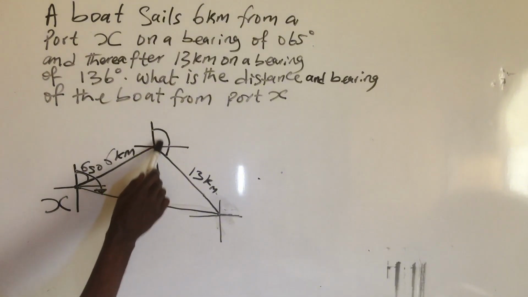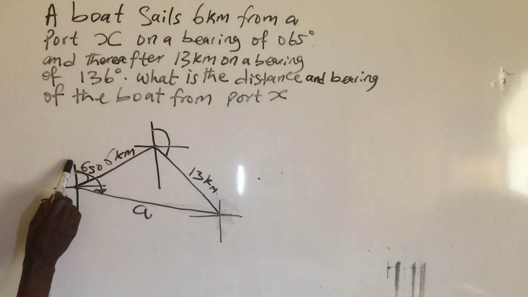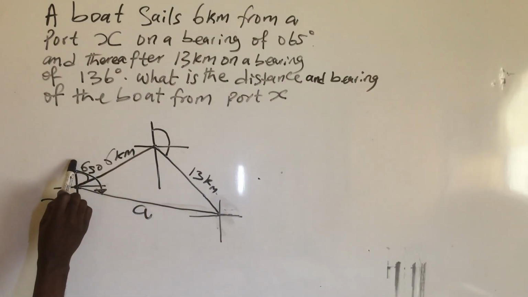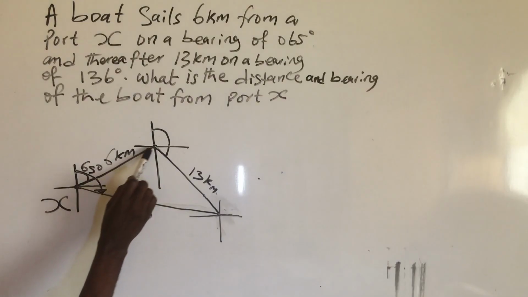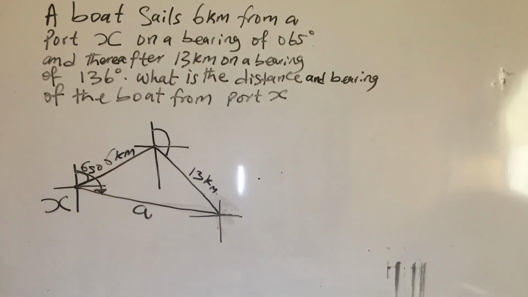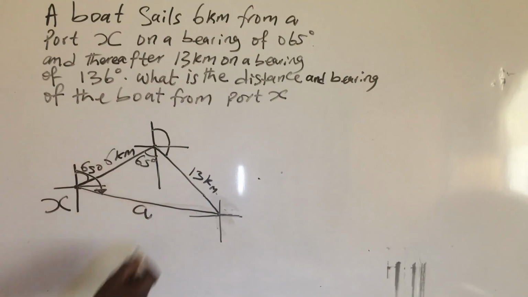Since this line is parallel to this, and this line here has formed a transversal, we can see we get a Z angle here. This has formed the letter Z. Look at it, letter Z angle. So this side will be equal to this side. Reason: alternate angle. So here will be 65 degrees as this place because of alternate angle.